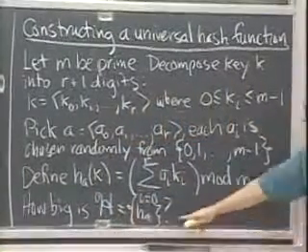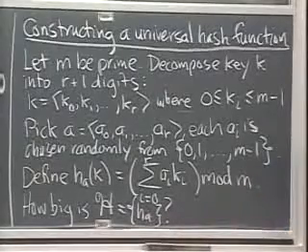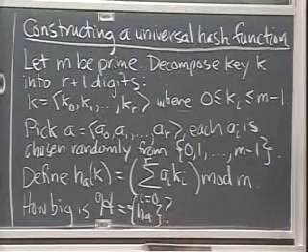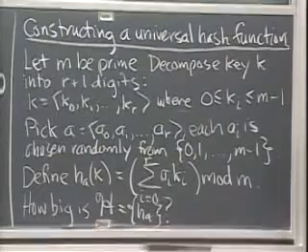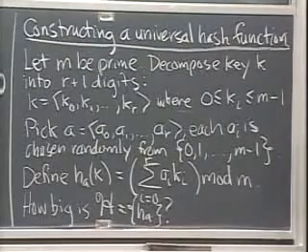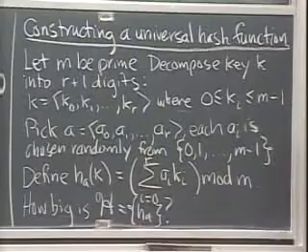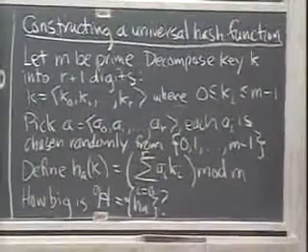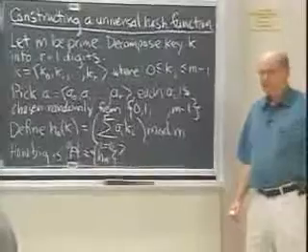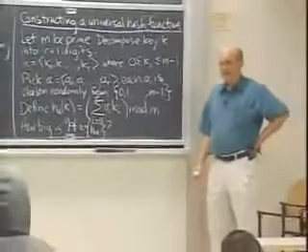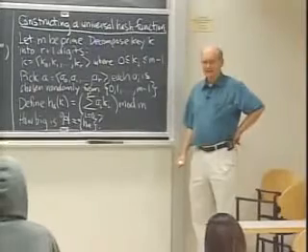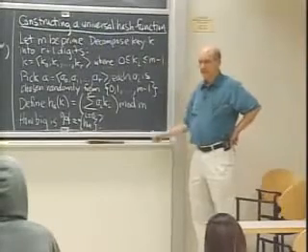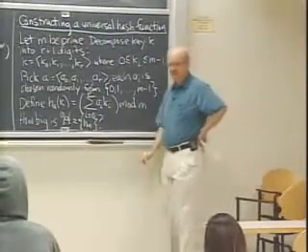How many different hash functions do I have in this set? It's basic 6.042 material.